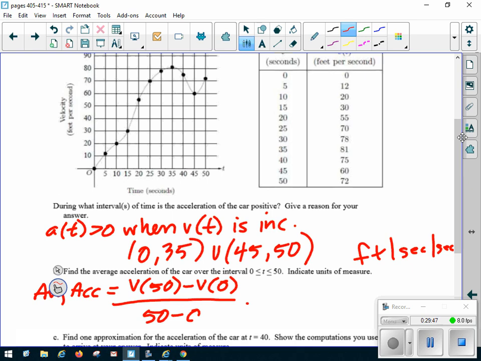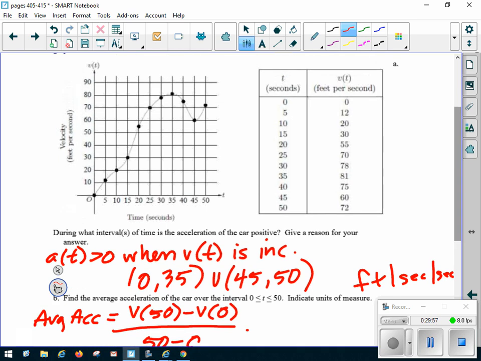It's better to do the slope of the secant line off the table. I have the velocity at 40. I don't have the acceleration at 40. So tell me, how can we approximate the acceleration at 40 from the table with a secant line?